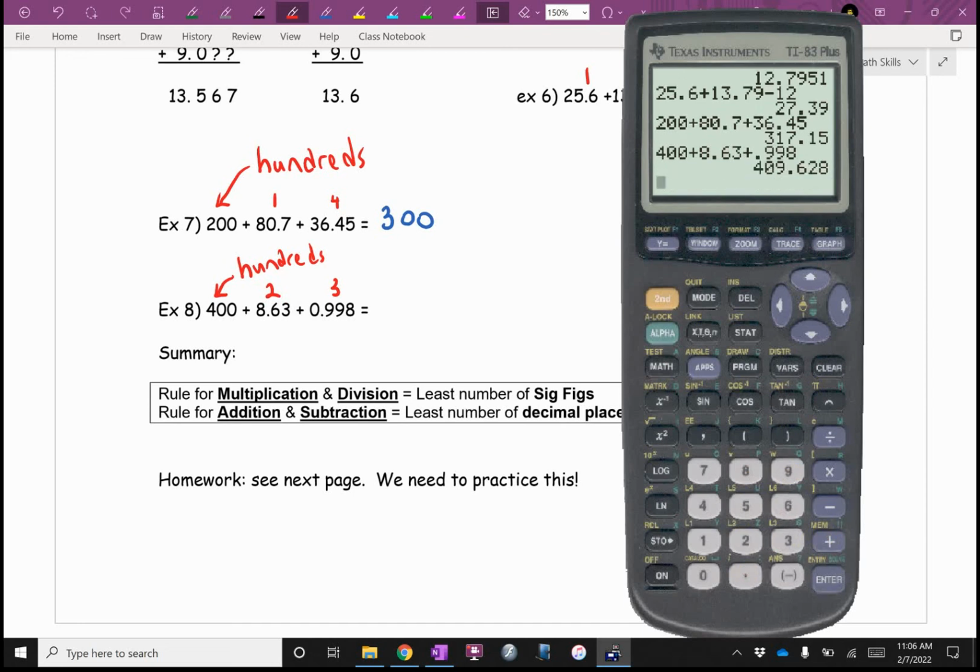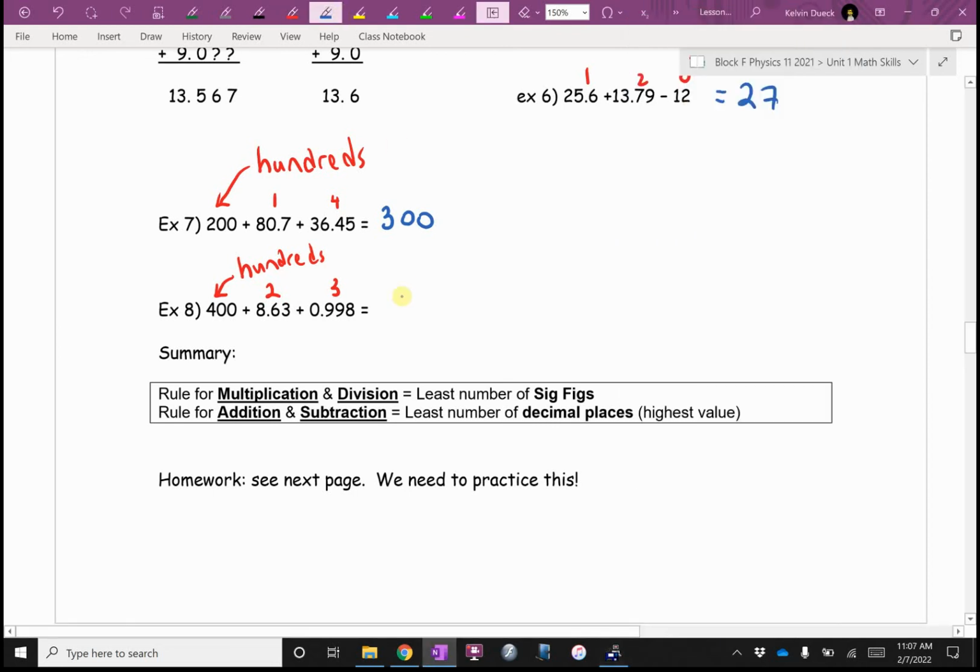I get 409.628, but all I can be accurate to here is the 400s column. The best I can say here is 400. 1 sig fig of accuracy, or the hundreds column of accuracy.